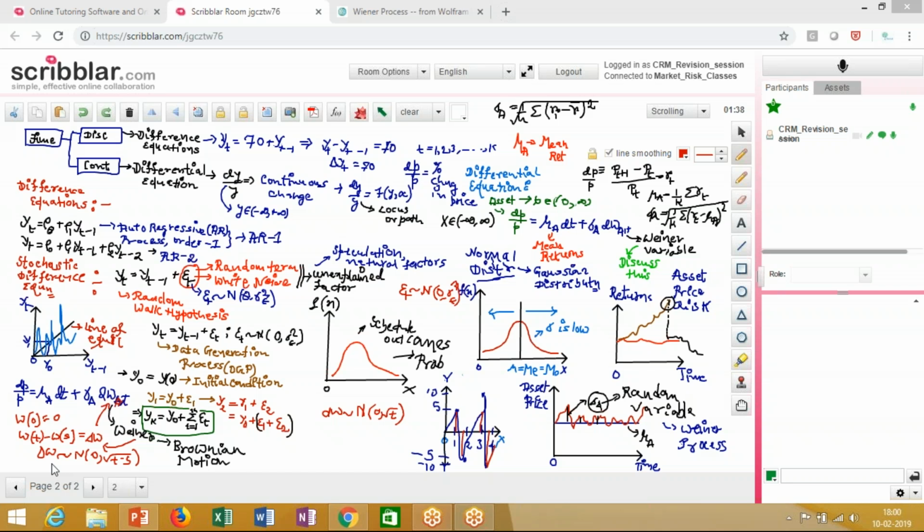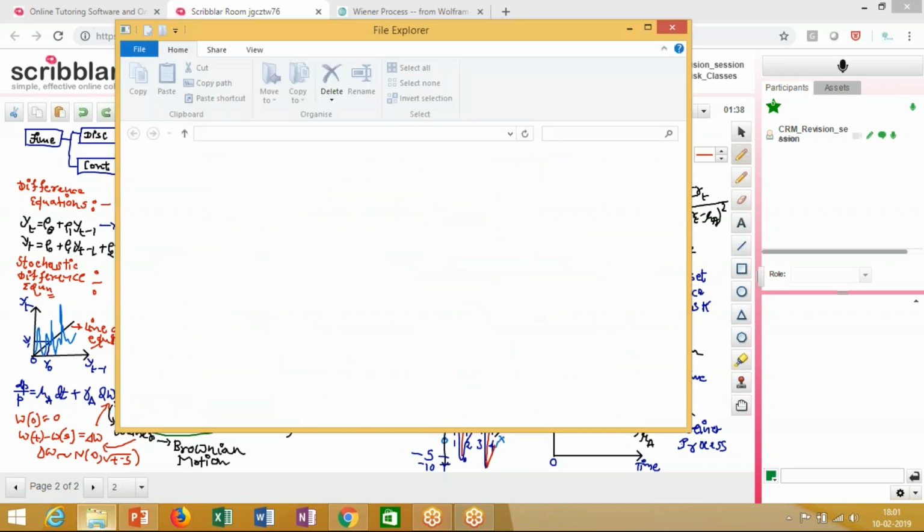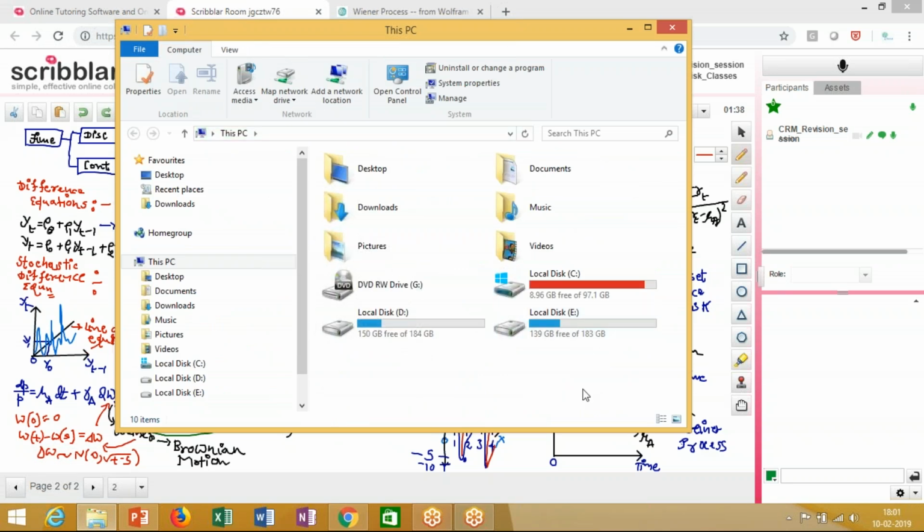Let's think about a fact. Think about the Nasdaq. When we plot the volatility series, how does it look? Is it a constant value? It's not. Let me see if I have volatility data in my system. Just give me a minute.